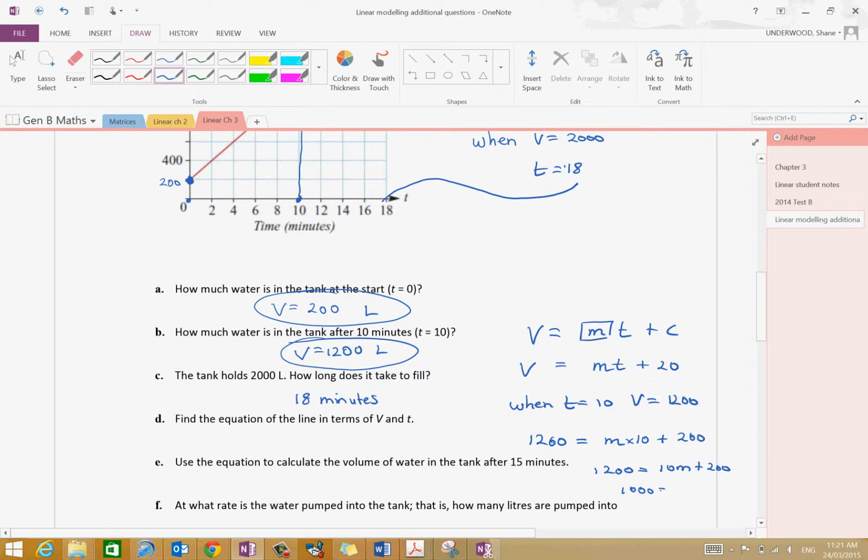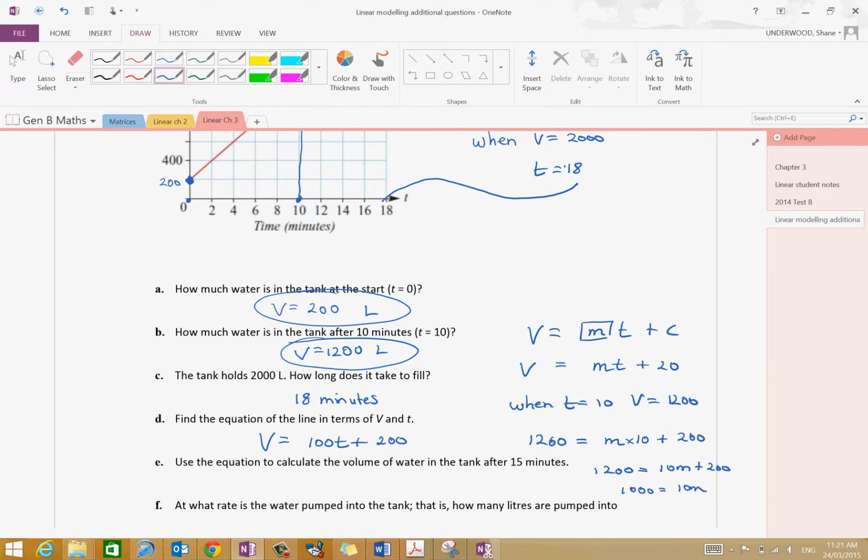I've got 1000 is equal to 10M. Dividing both sides by 10, M is 100. So our equation is V equals 100T plus 200. How many of you got that one right? Did you get that one right easier?